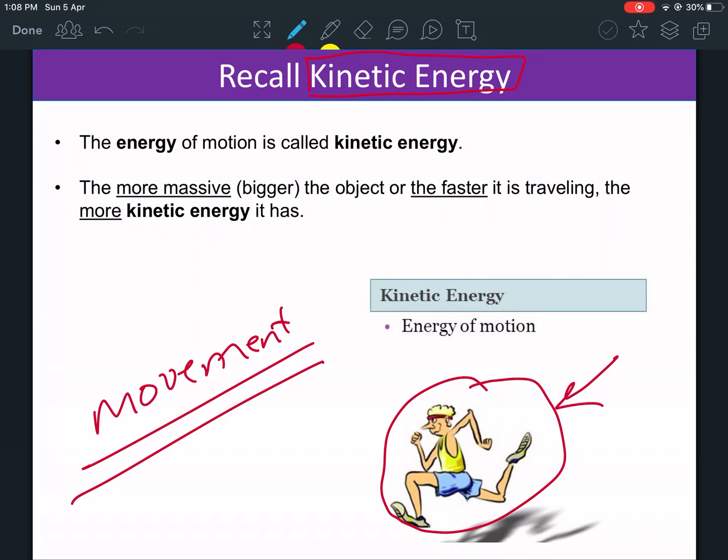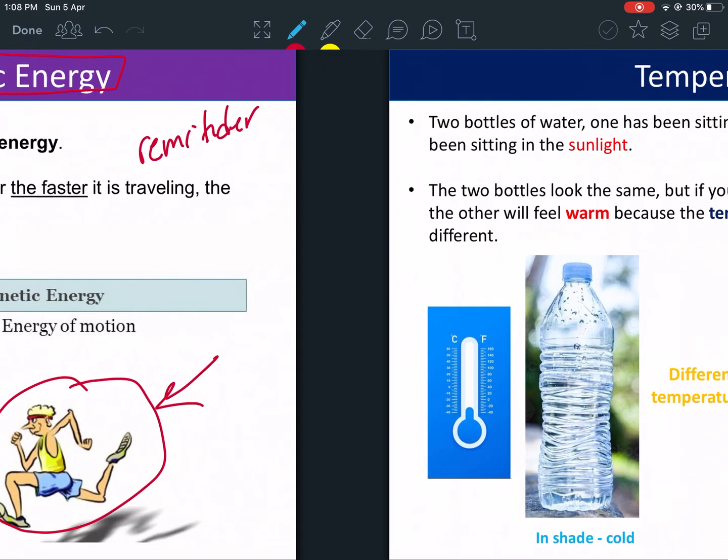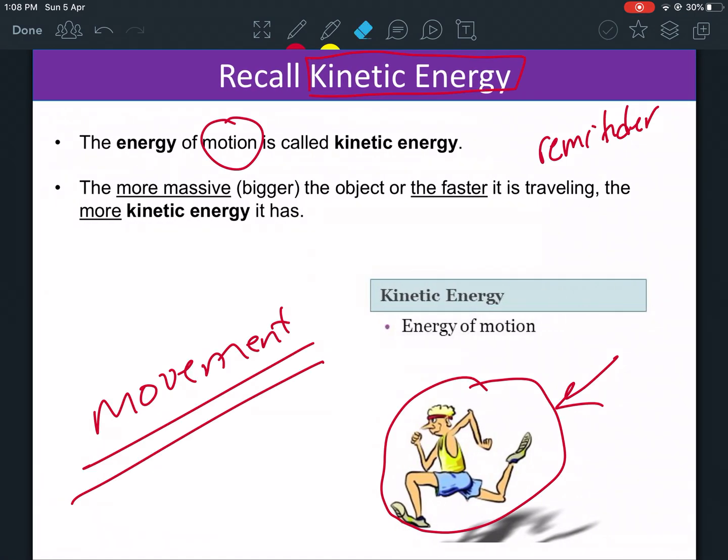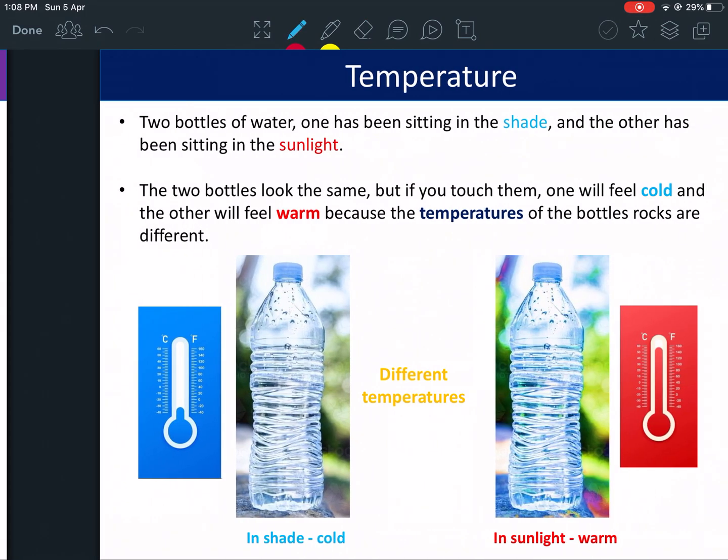The more mass or the bigger the object is, and the faster it is traveling, the more kinetic energy. So the energy of motion is called kinetic energy. This is just a reminder of last lesson.